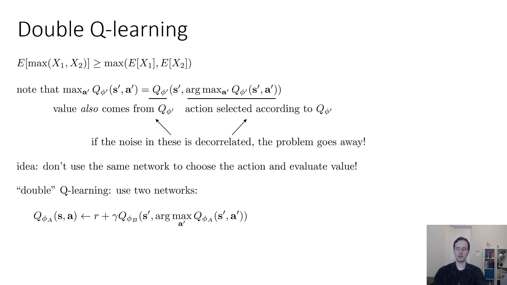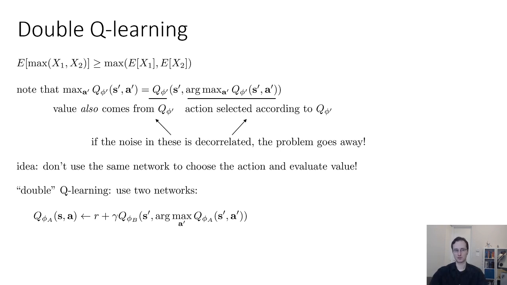And phi A uses the values from phi B to evaluate the target values, but selects the action according to phi A. So if you assume that phi B and phi A are decorrelated, then the action that phi A selects for the argmax will be corrupted by some noise, but that noise will be different from the noise that phi B has, which means that when phi B evaluates that action, if the action was selected because it had positive noise, then phi B will actually give it a lower value.